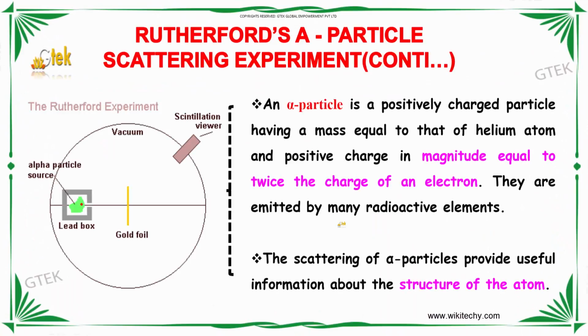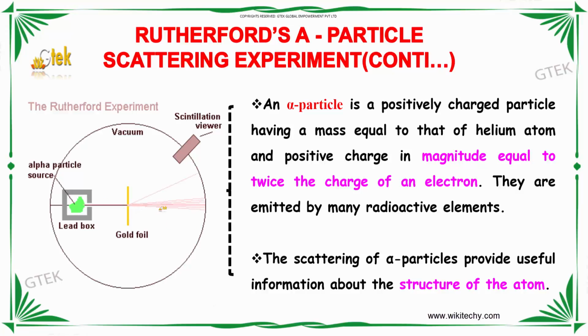So this is your Rutherford model, where the alpha particle is released and it is scattered in multiple directions. An alpha particle is a positively charged particle having a mass equal to that of a helium atom, and a positive charge equal in magnitude to twice the charge of an electron, and they are emitted by many radioactive elements.